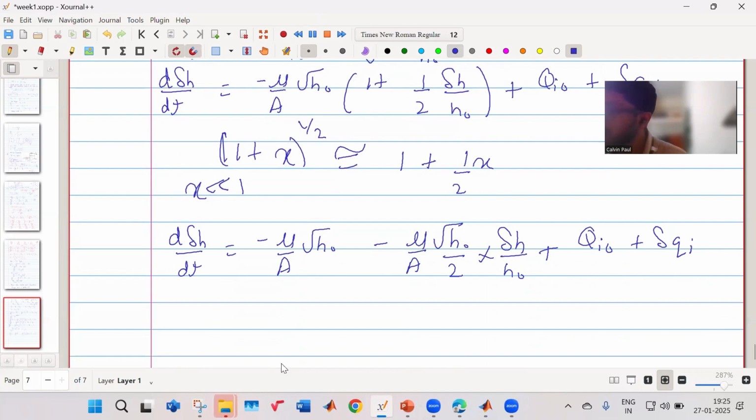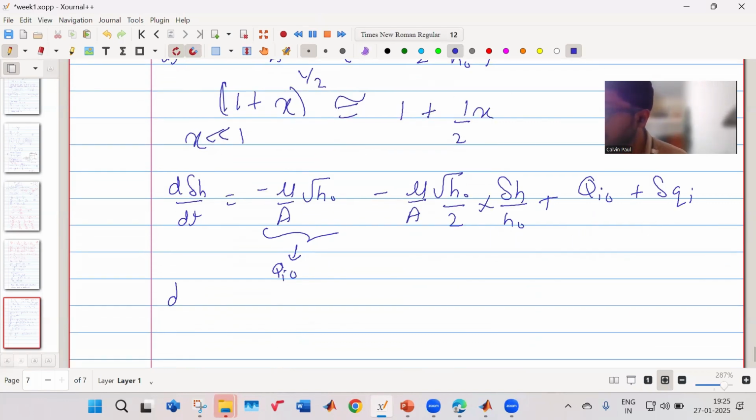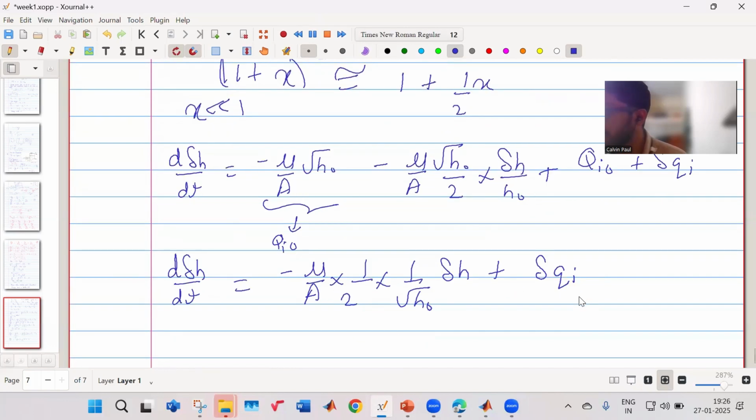If you recall, the first term is actually equal to minus qi0, so they get cancelled. So my d of delta h upon dt is equal to minus mu by a into 1 by 2 into 1 upon root h naught into delta h plus delta qi.